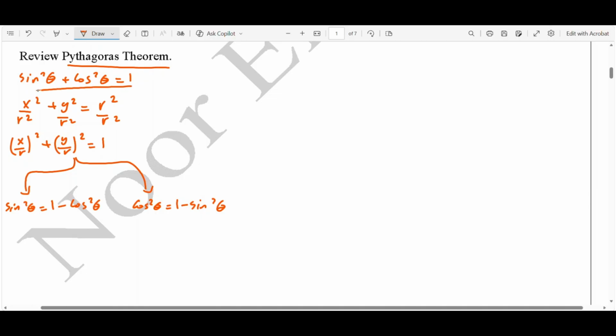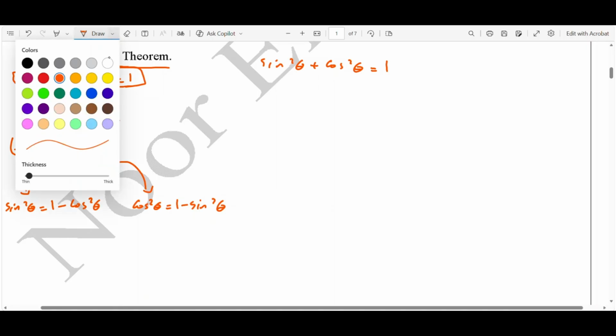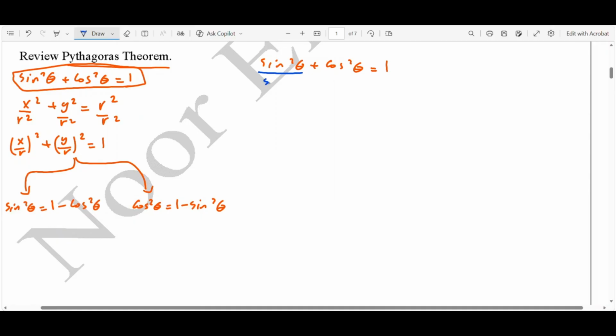First of all, I'm going back to the main identity we learned during AS, sine squared theta plus cosine squared theta equals 1. I'm going to divide each term by sine squared theta.